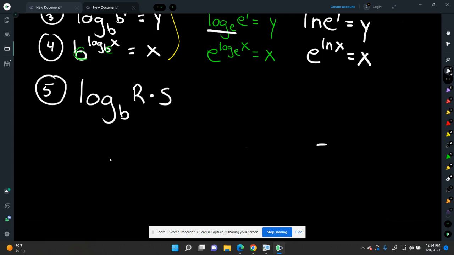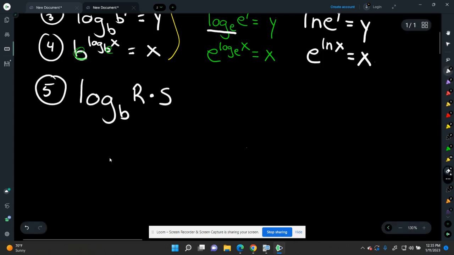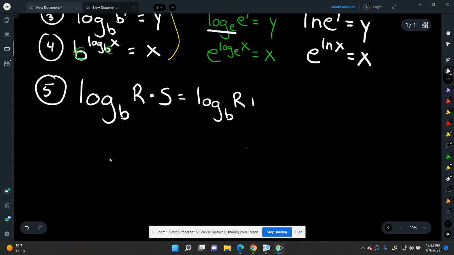Now let's just think about exponents. If I have two numbers that have the same base, like x to the 5th times x to the 10th, what do I do with the exponents? Add them, right? Well, our logarithms follow the same type of rule. This can be rewritten as log base b of r plus log base b of s.